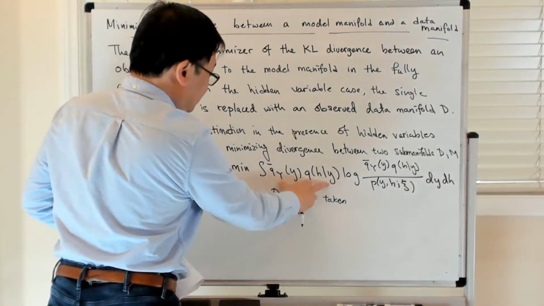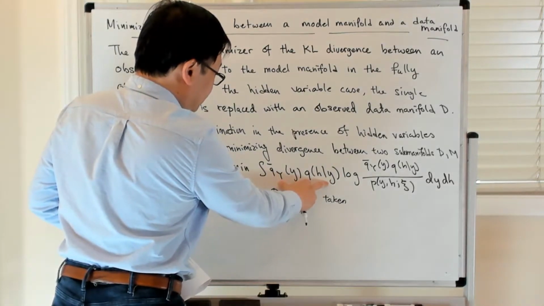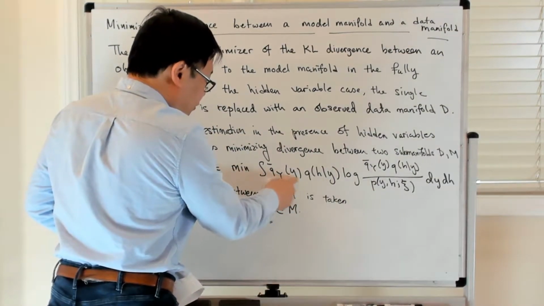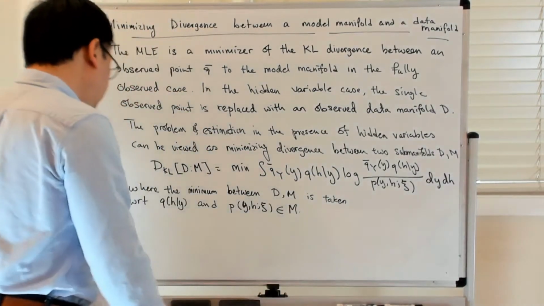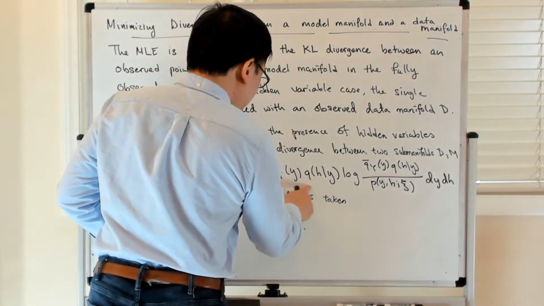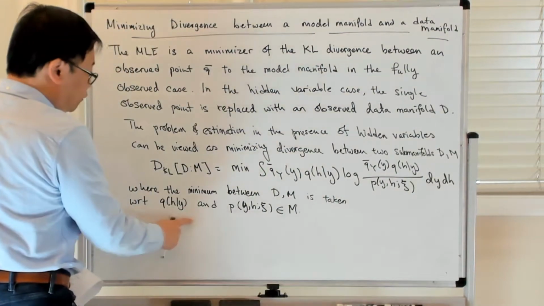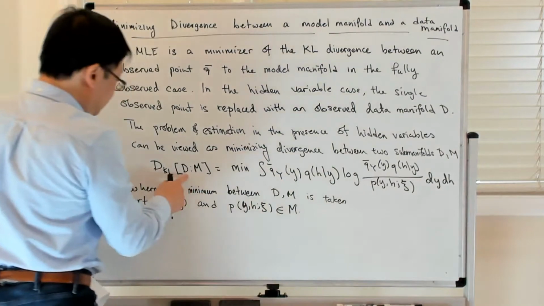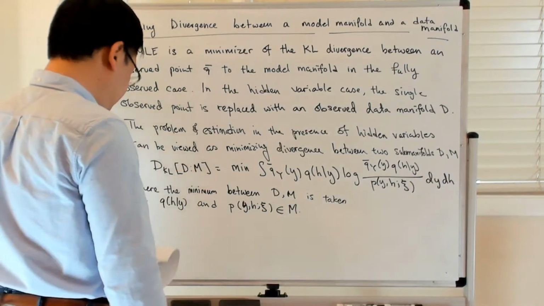This product here is the joint probability distribution on the full space, including both the observed variables and the hidden variables. Since you don't know what this conditional probability is, you have to vary over all of them, and varying over all of them gives you this data manifold.